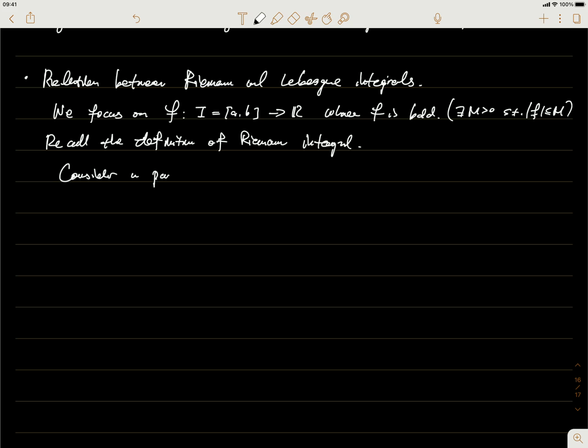We call it delta n. We'll consider the one-dimensional case, so I use the n here as the number of segments in the partition, not the dimension of the space anymore. So a is x0, and then x1 all the way to xn, which is equal to b. So that's our partition.